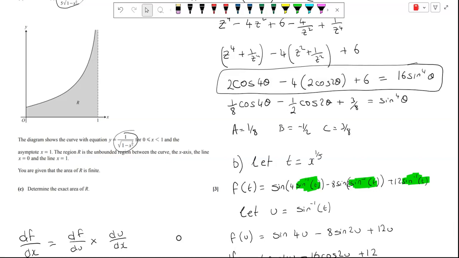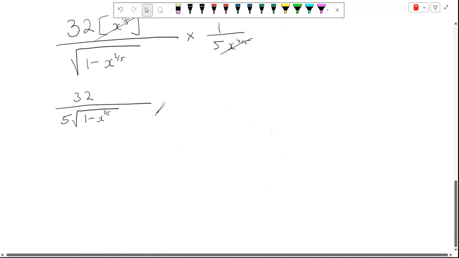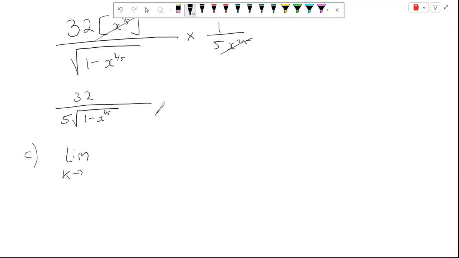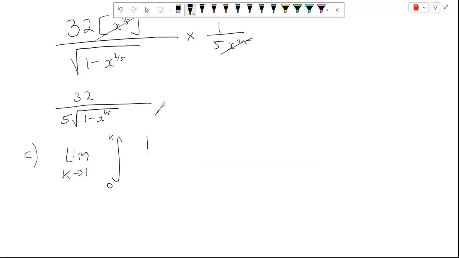So they want us to integrate. And it's tending towards an asymptote, so we're going to have to use a limit here. So it's going to be the limit as k goes to 1, because there's an asymptote there, of the function, which happens to be closely related to the derivative I found at the start, in part B.